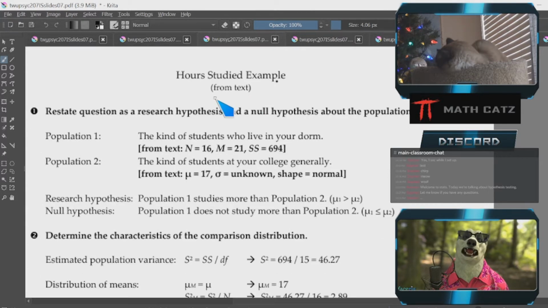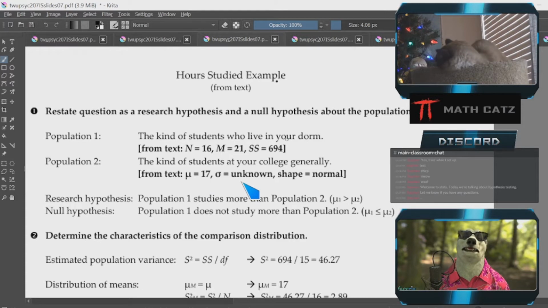Where we are asking, let's suppose you live in a certain dorm. You want to know, is the total number of hours studied more in my dorm versus students at the college in general? That's my question. So then population 2 is all the students at the college, and we are given that the mean hours studied is 17.